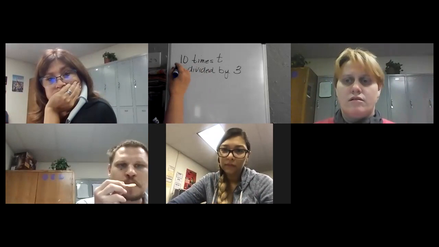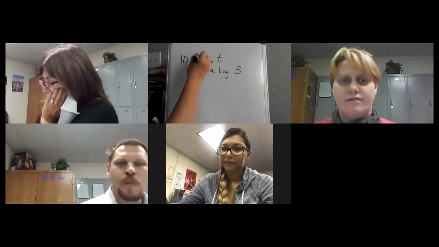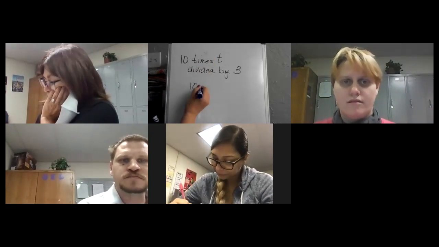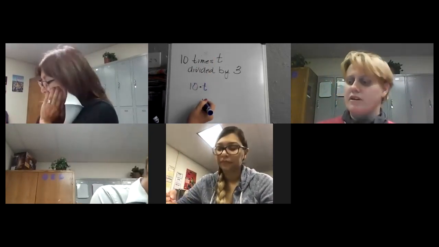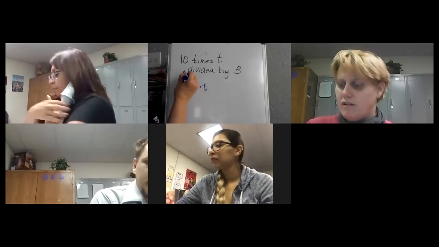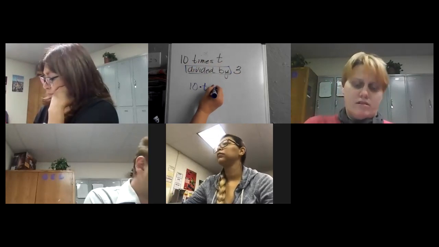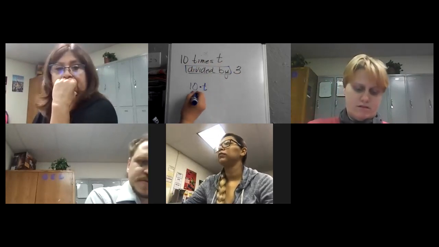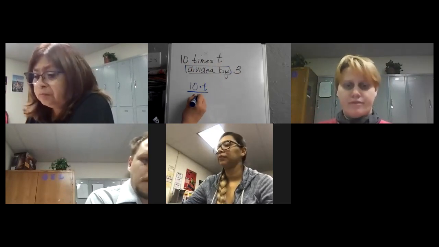This simply says 10 times, and times means multiply. So I have times t, and then divided by, you could either put a divide, but it's better to divide by 3.